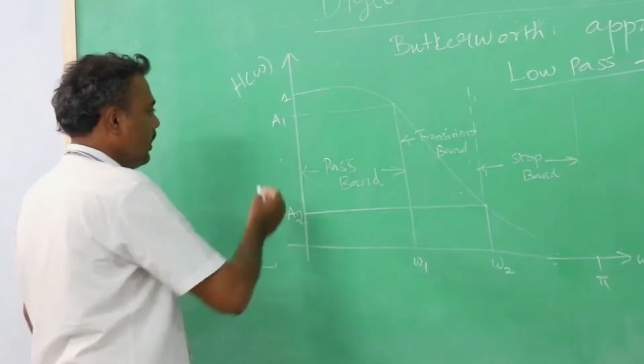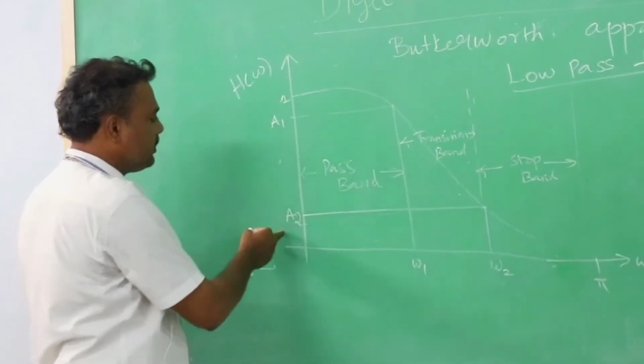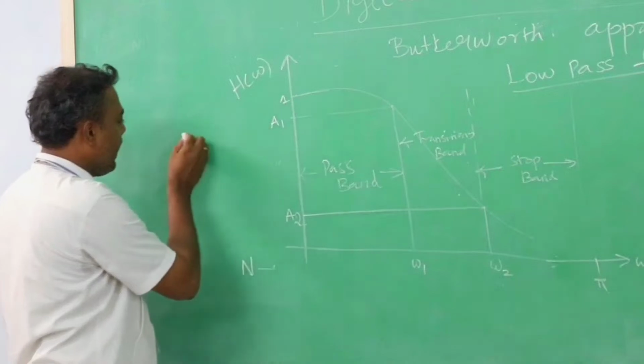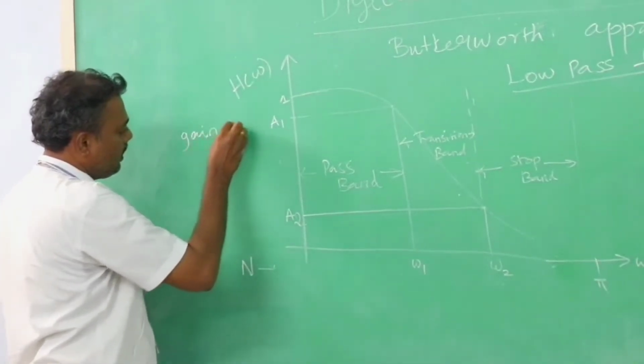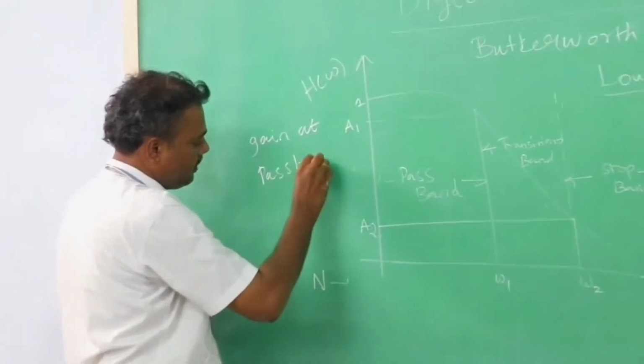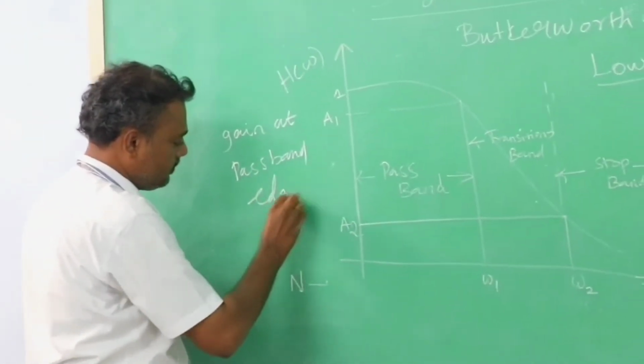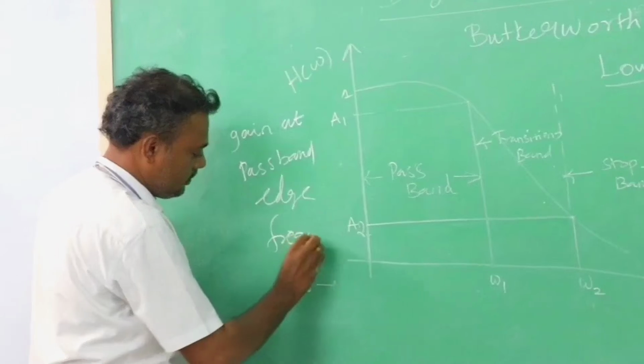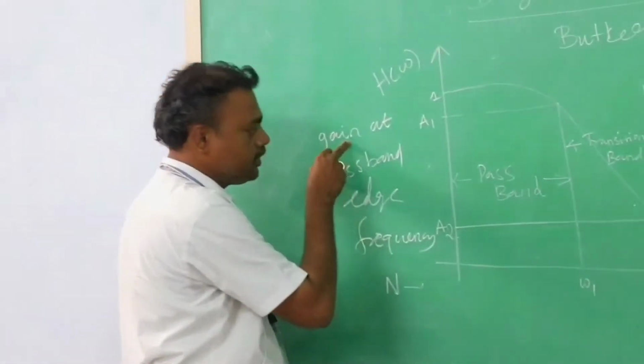Here we can consider two amplitudes. One is called A1, the gain at the passband edge frequency, which is specified in this problem.